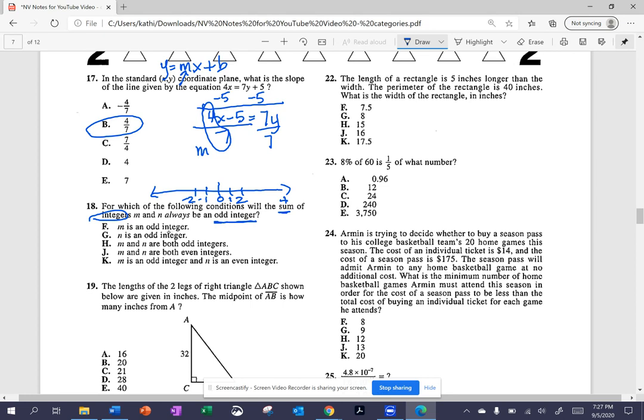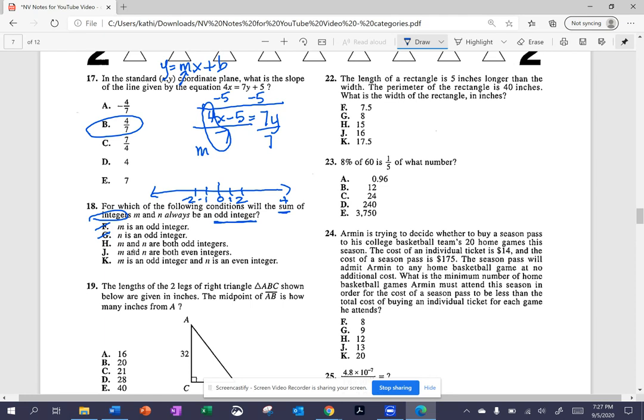So if m is odd, I'm not really sure what's going on with n. So that is not an answer. If n is odd, I don't know what's going on with m, so that's really not enough information either.